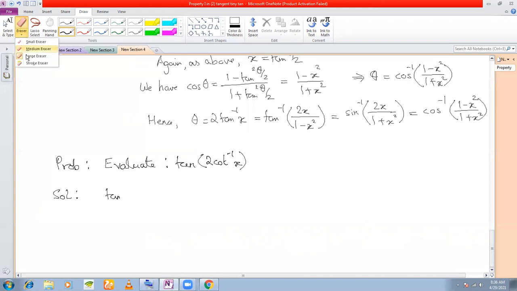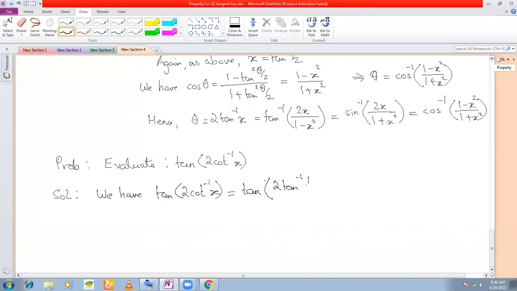So we have tan 2 cot inverse x. You convert cot inverse to a tan inverse. How do you convert? Cot inverse x can be written as tan inverse 1 by x, right?